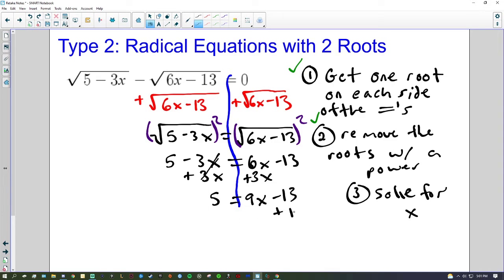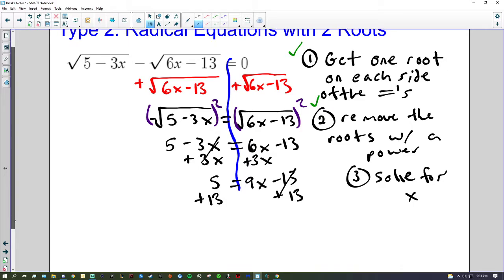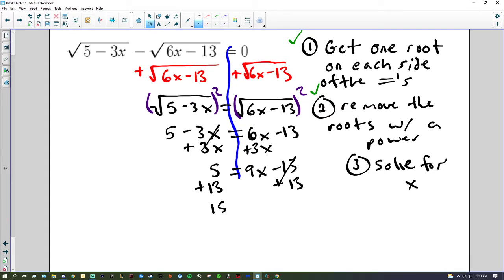Okay, I'm going to add 13 to both sides. So I have 18 equals 9x. Divide both sides by 9. And x equals 2. Okay? And we're done. The solution to this problem, my type 2, is x equals 2.